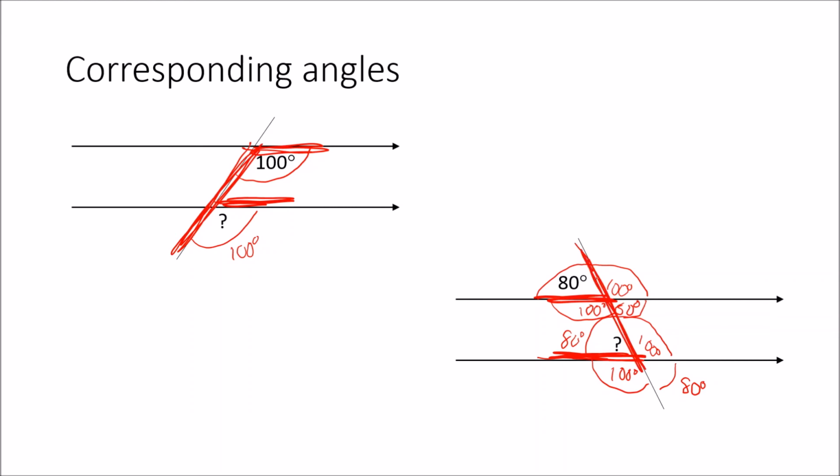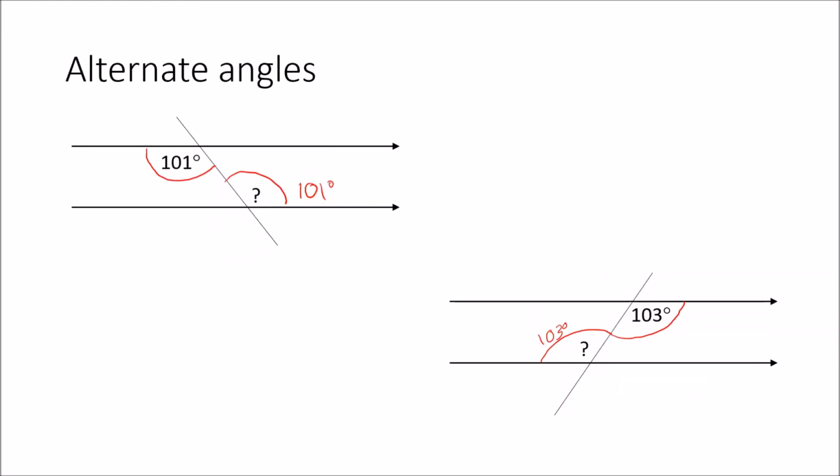And again, if we spin our screen round, that looks a little bit like an F. We then have here round our angles, it looks like a Z. Or if we spin it, it looks like a Z or an S. So that again is for our alternate angles.